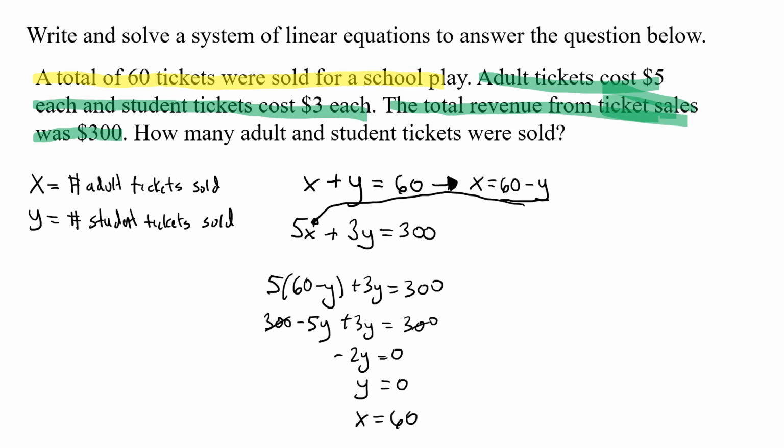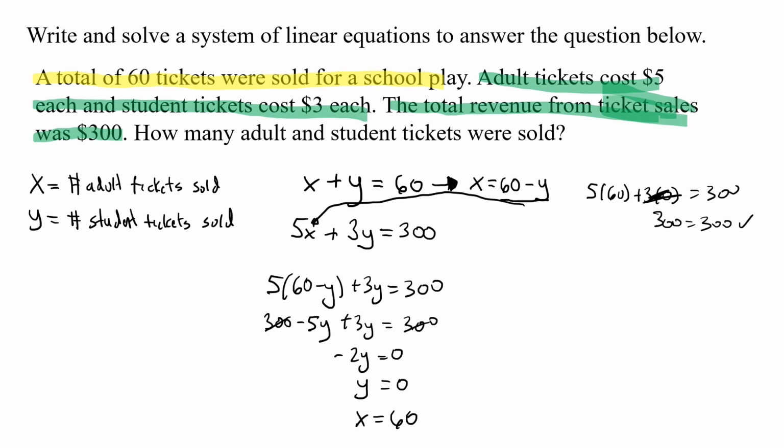So let's just double check that. Sometimes it seems hinky, so let's double check that right. So if we go 5 times 60 plus 3 times 0, that should equal 300. Well, that's 0, so that cancels. And we know 5 times 60 is 300, so that checks out.